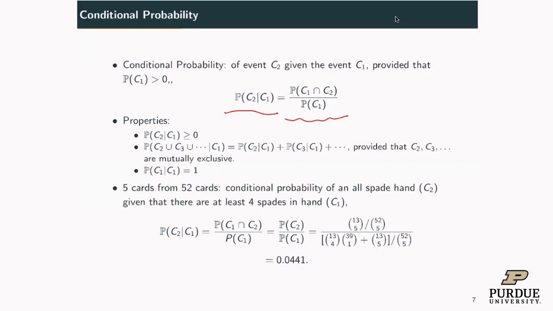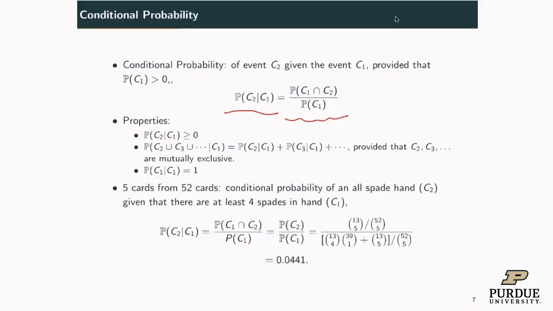By definition, the numerator is probability C1 intersection C2, the denominator is probability C1. Let's calculate probability C1 first. At least 4 spades means you have either 4 spades or 5 spades. 52 choose 5 covers all possible situations. 13 choose 4 times 39 choose 1 gives exactly 4 spades, and 13 choose 5 gives exactly 5 spades.